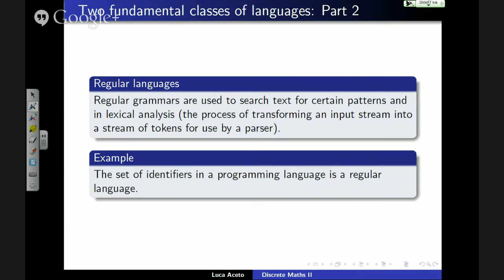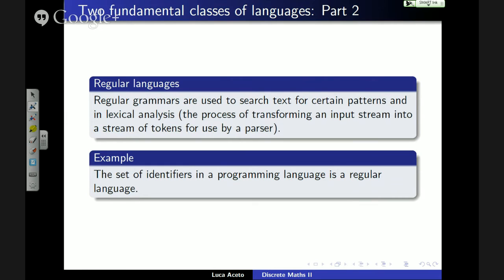That's a subclass of context-free languages where you can do pattern recognition very, very efficiently. In computer science, anytime you do pattern recognition, and you do it all the time, for instance, when you're doing a text search, you're using algorithms that are based on the fact that such patterns can be described using regular grammars.